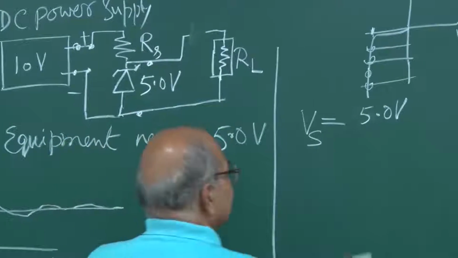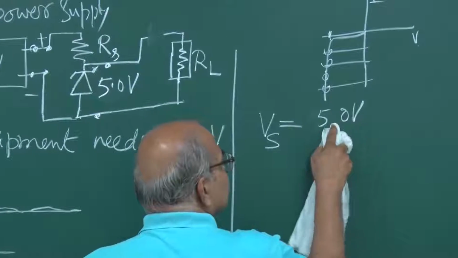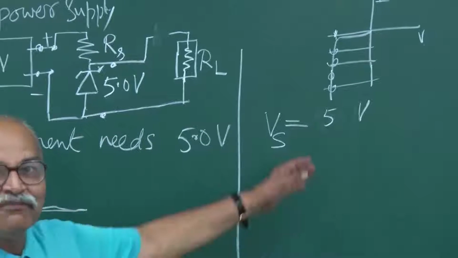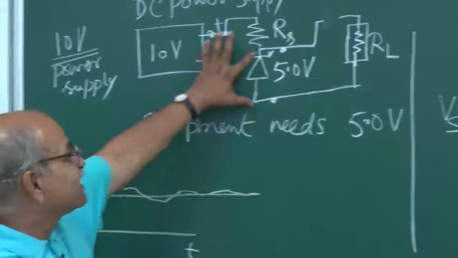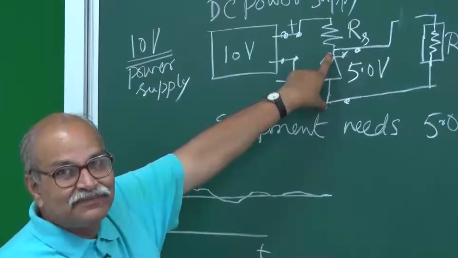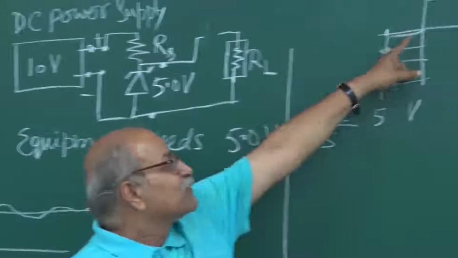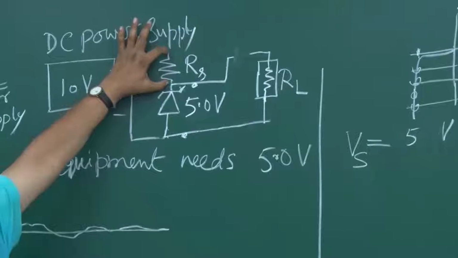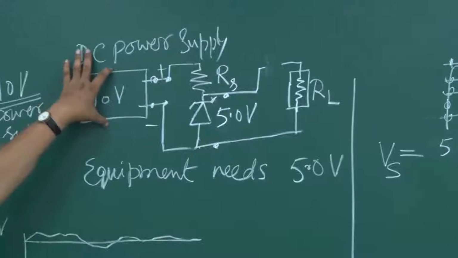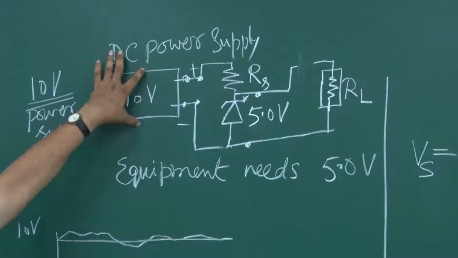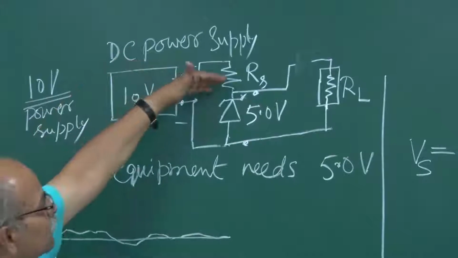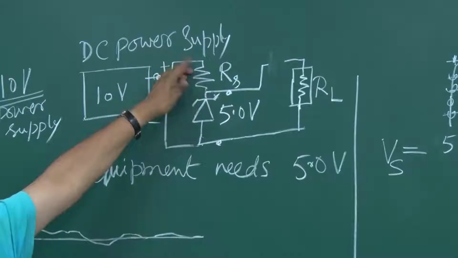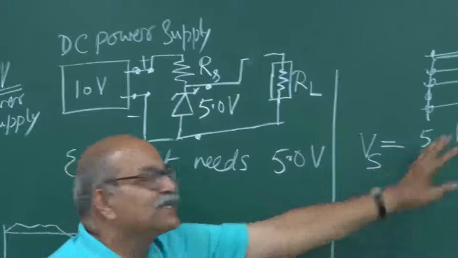Why not 5.0? Because the Zener voltage is fixed at 5.0, that comes from the characteristic. But this voltage fluctuates with the power supply. If the power supply goes to 10.1, this will go to 5.1. If the power supply goes to 9.9, this will go to 4.9. So I should not write 5.0 here.